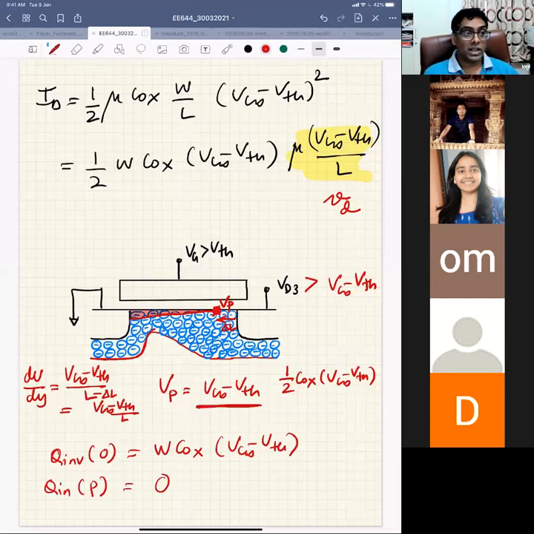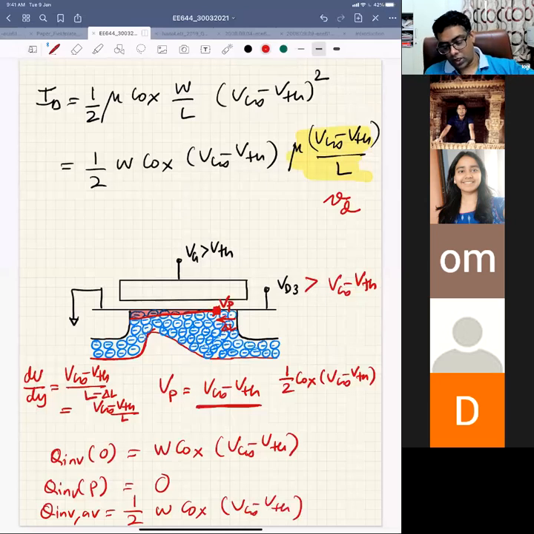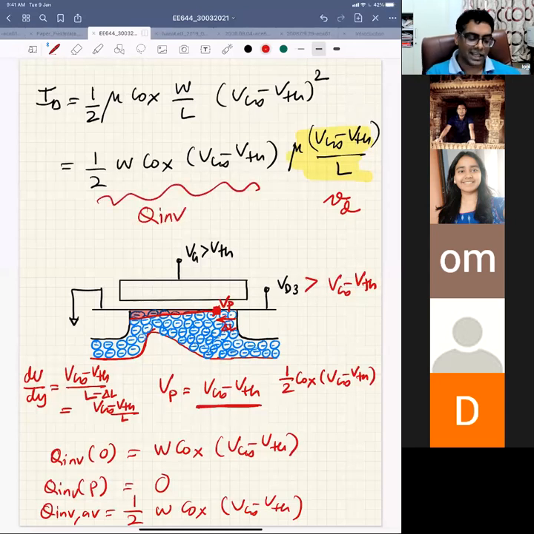So what is the average charge? The average charge is nothing but half W Cox VGS minus VTH. So this is the inversion charge. Again, your current is inversion charge into velocity, so this also comes to the same equation.